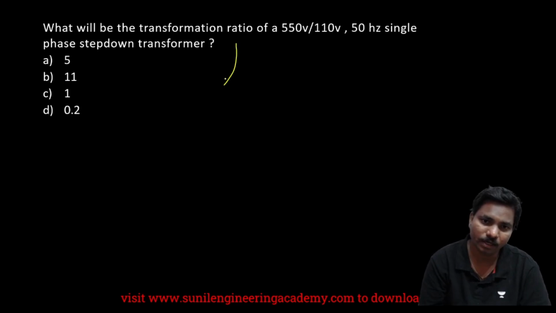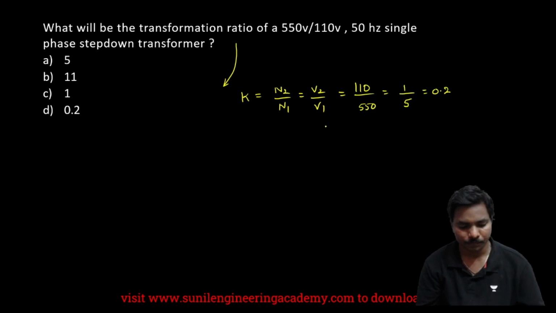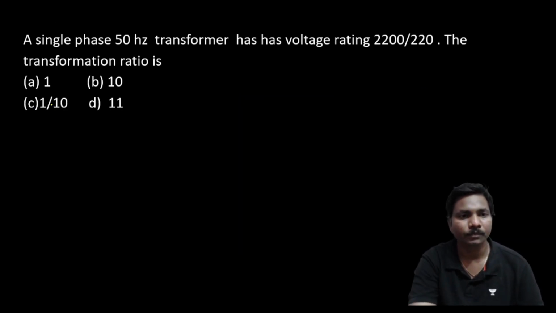The transformation ratio is K, that is N2 by N1, that is V2 by V1. Here voltage is given 110 by 550, that is equal to 1 by 5, that is 0.2. The answer is option D.